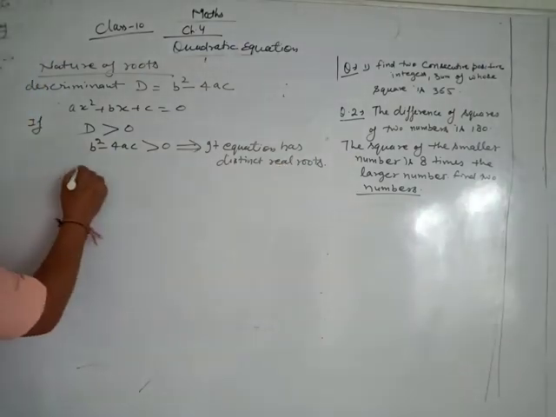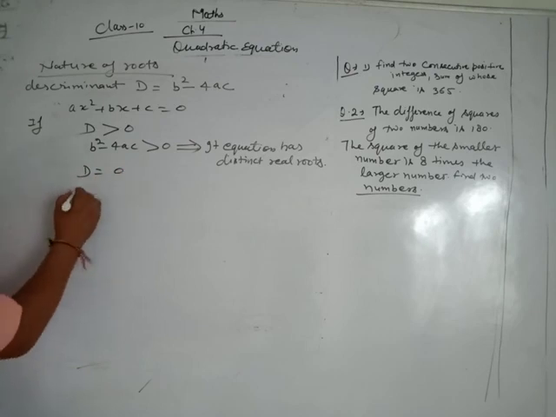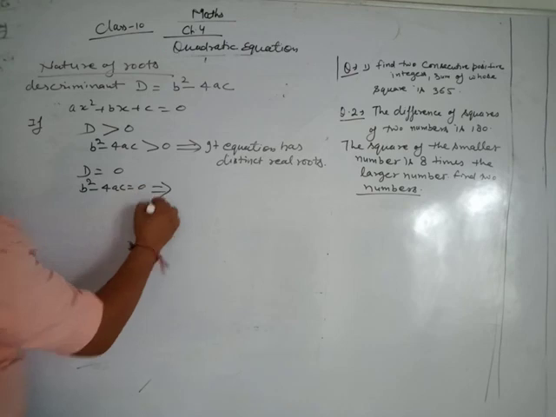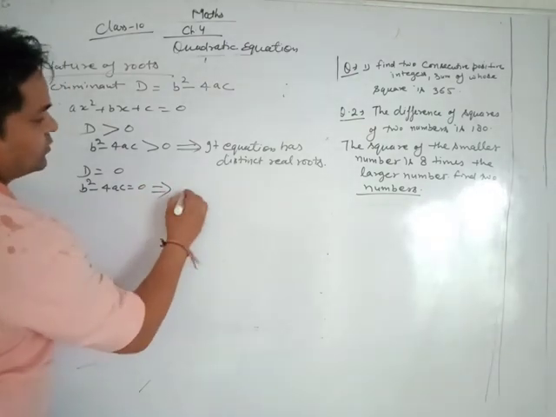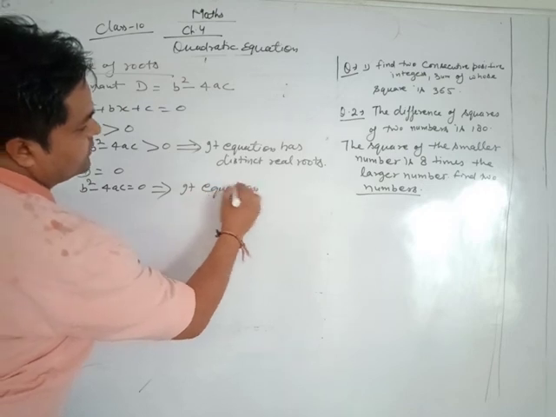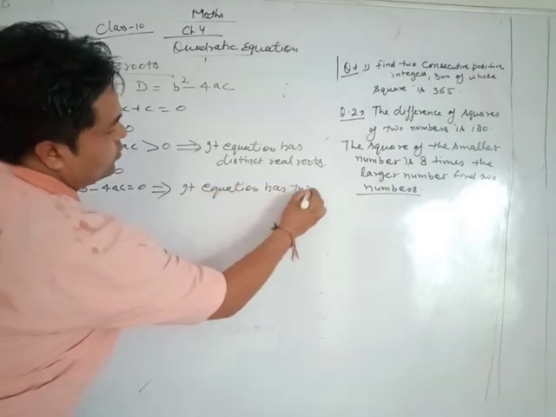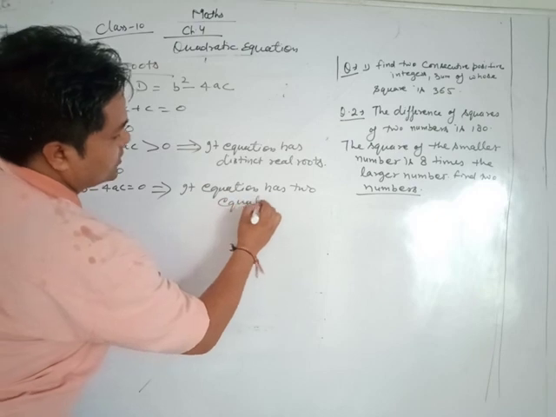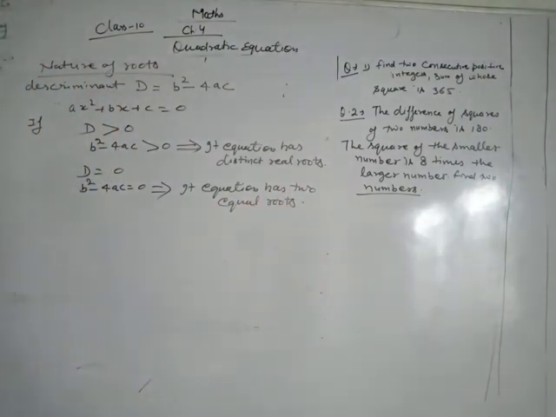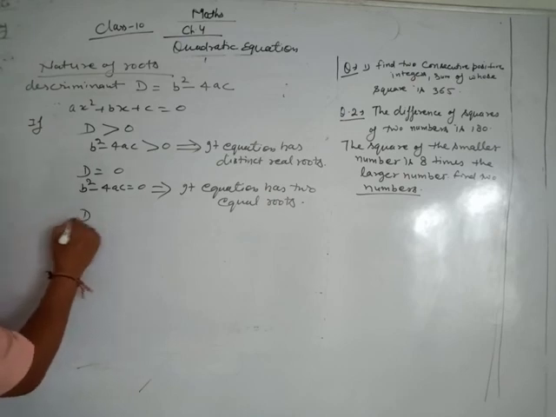Secondly, if D equal to 0, it means b square minus 4ac equal to 0, then we can say the equation has two equal roots. Clear? Equal roots means the values should be equal. Now third is in case D less than 0.